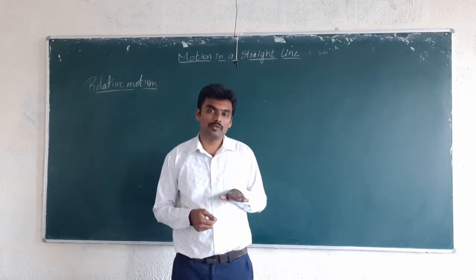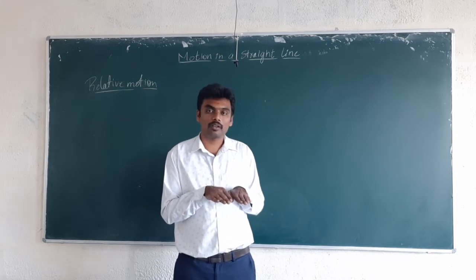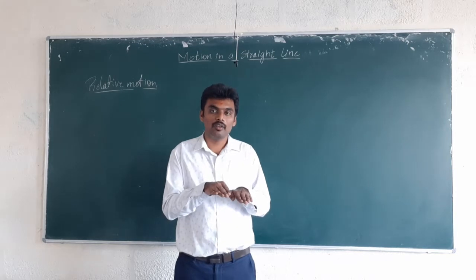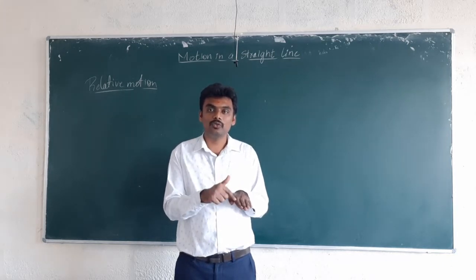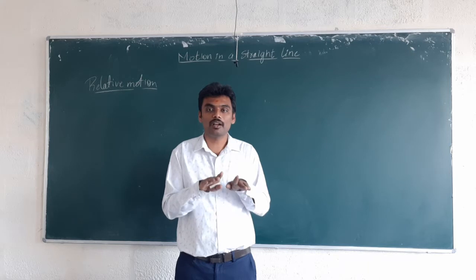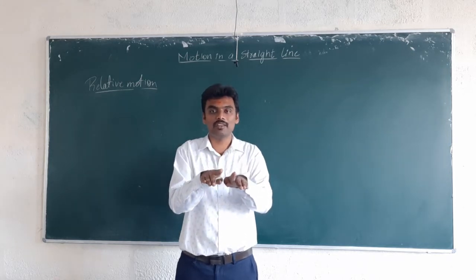And when we actually move on road, if we have one more vehicle, say two cars moving with the same speed, according to a person in the other car, you in your car will be at rest, isn't it? Both of you are at rest because you are moving with the same speed in the same direction.